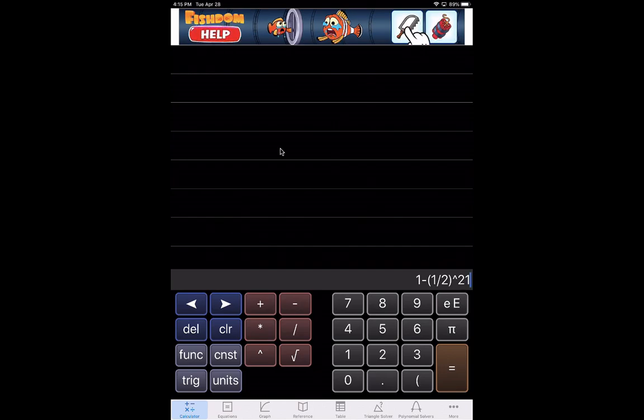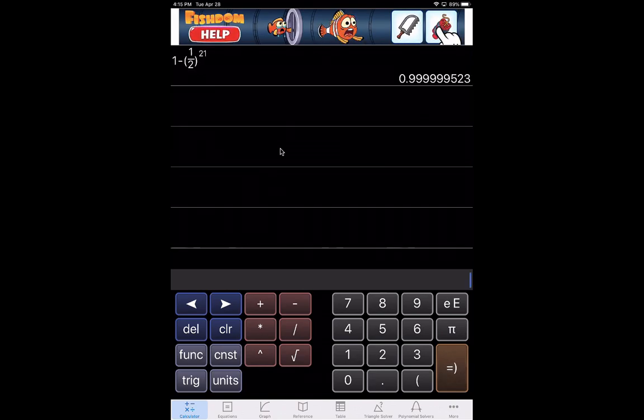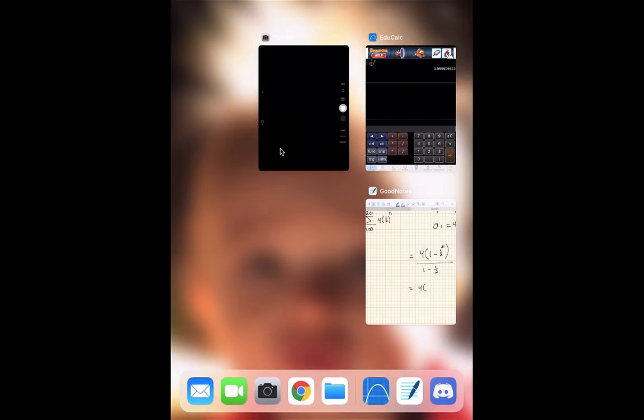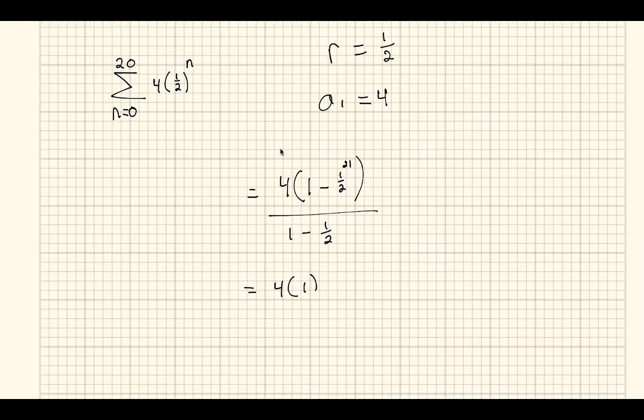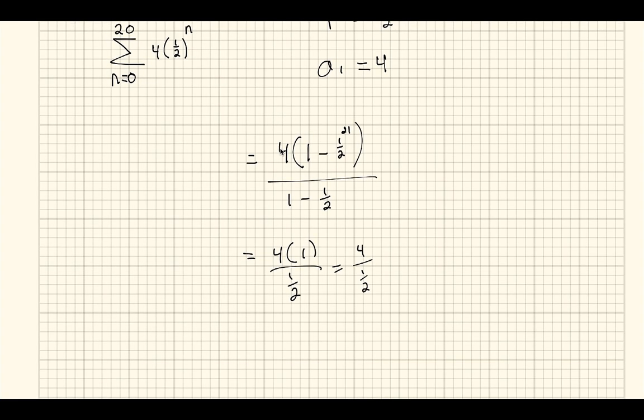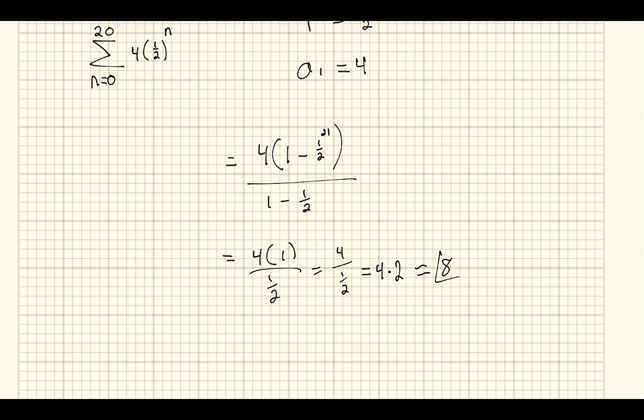I think 1/2 to the 21st power is probably going to be pretty small. So this is about 1. I'm okay with rounding that to 1 there. Over 1 minus 1/2 is also 1/2. So this is 4 over 1/2. When we divide by a fraction, the rule is to multiply by its reciprocal. So this is equal to 4 times 2, which is 8. So my sum there is going to be 8.